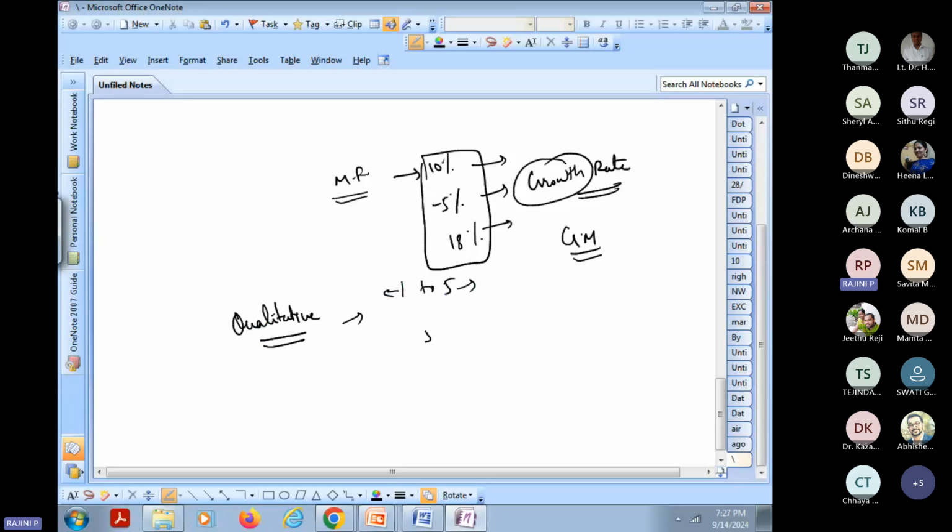So 5 means very satisfied, 4 means satisfied, 3 means neutral, 2 means dissatisfied, and 1 means very dissatisfied.